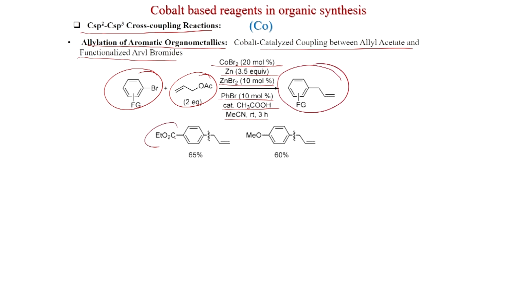So, here electron withdrawing group, so this EWG group can be tolerated, this product is 65%, and methoxy, this is EDG group, electron donating, also the product is in 60% yield.